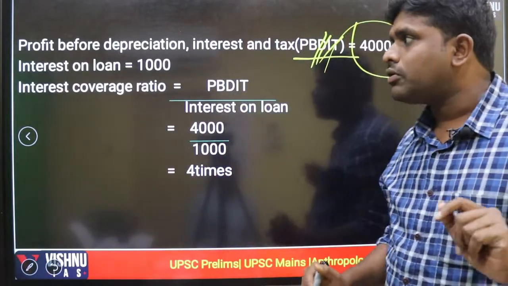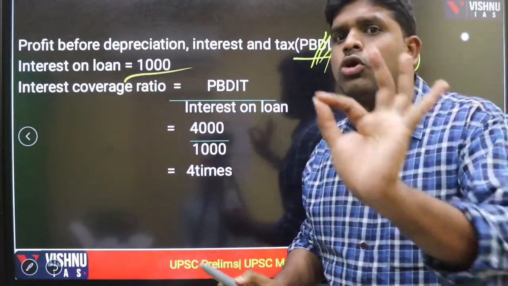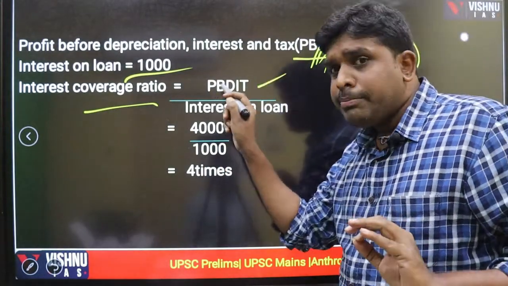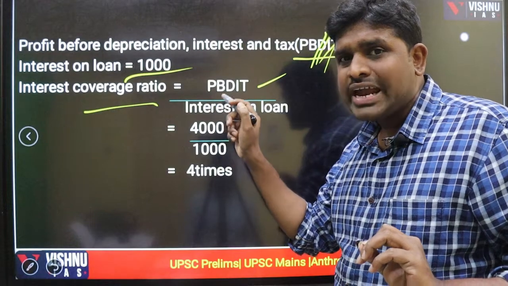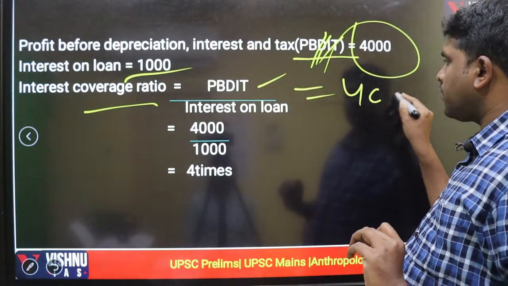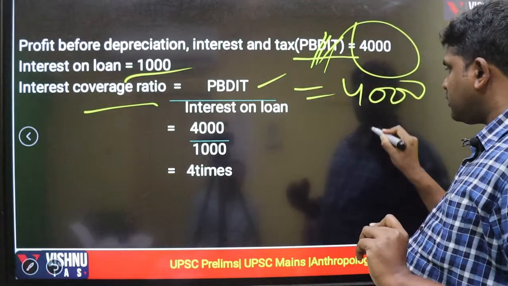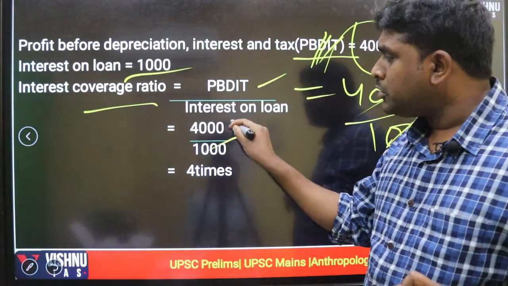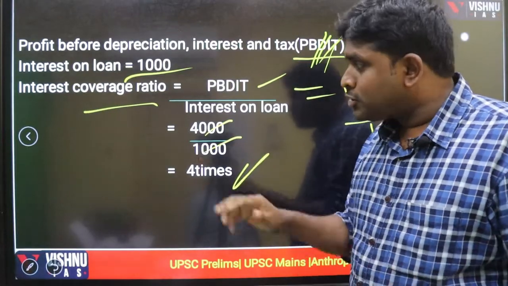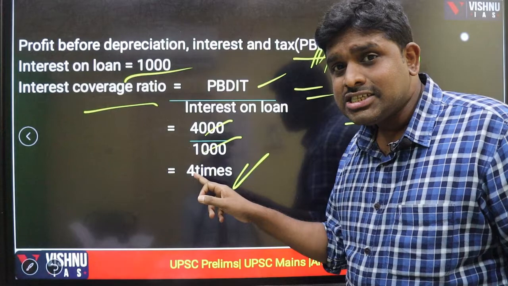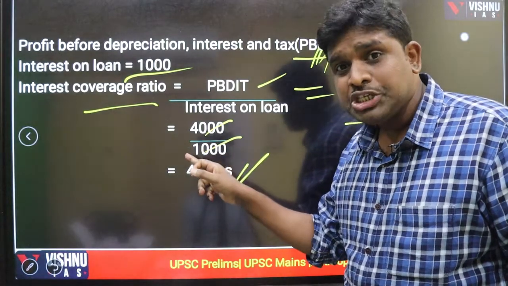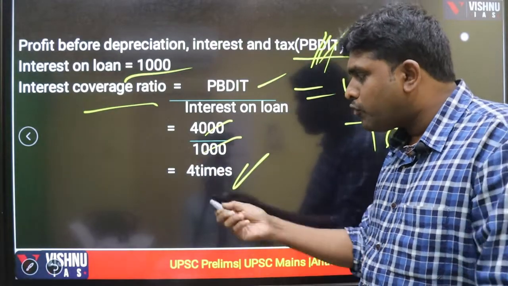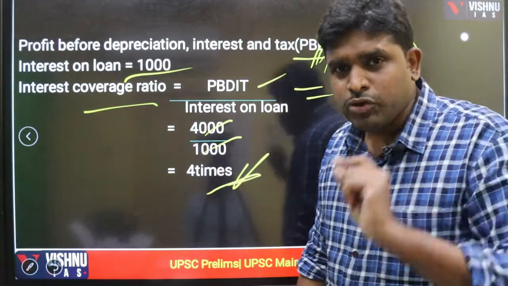Interest on loan is 1,000 rupees. So the interest coverage ratio formula is profit before depreciation, interest and tax, which is 4,000, divided by interest on loan, which is 1,000. How much is the ratio? 4 times.